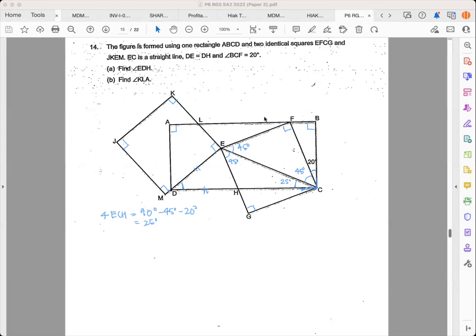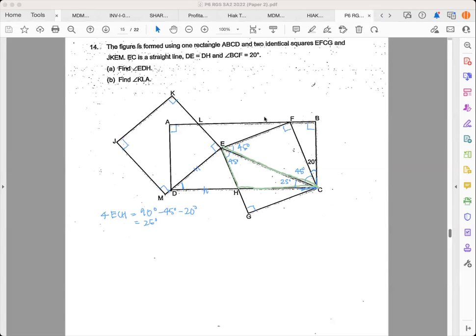Now focus on this triangle, EHC. Angles inside this triangle add up to 180.